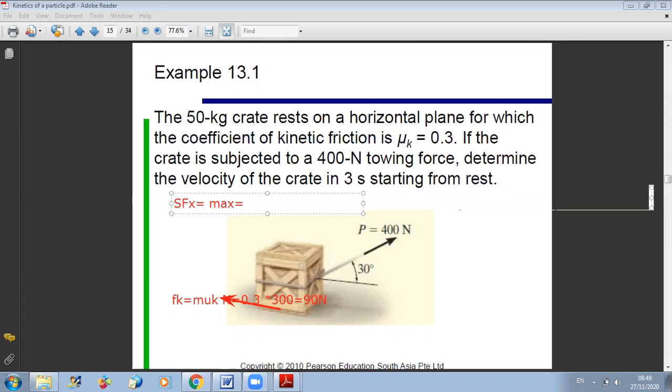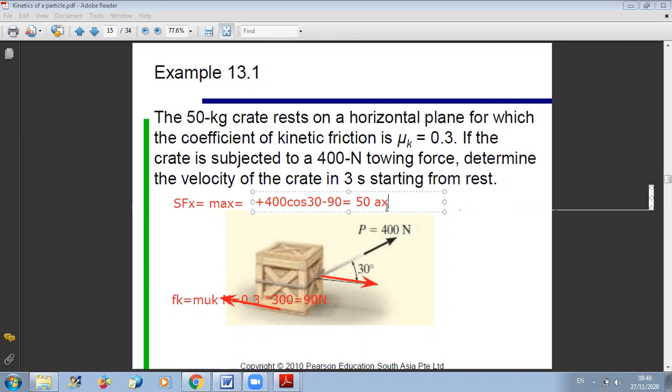What are my forces in x direction? I have a positive projection for P, so plus 400 cosine 30, and minus Fk, so minus 90, equals m times ax. M is 50, and ax is the only unknown in my equation, so I can calculate it.